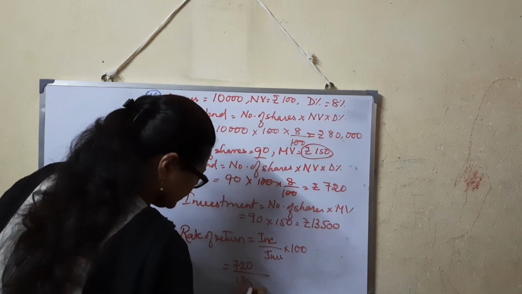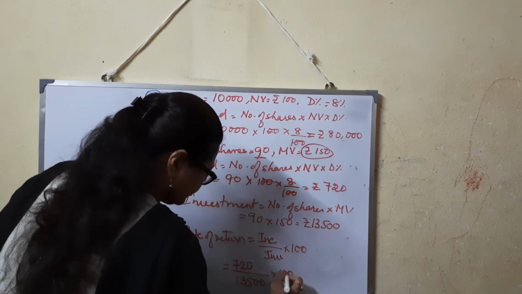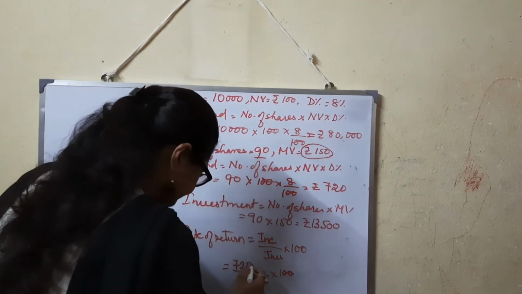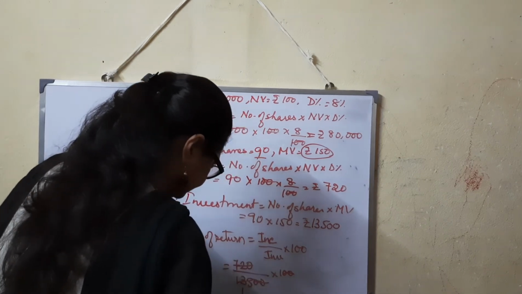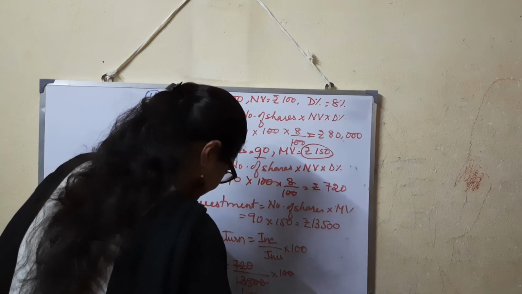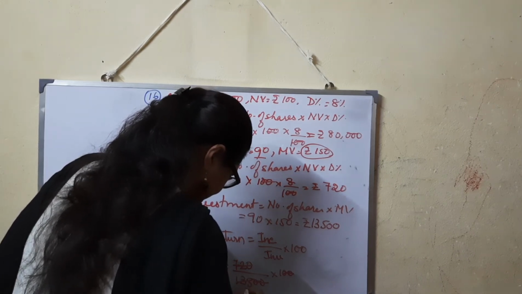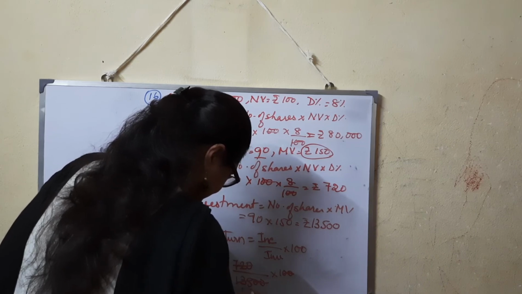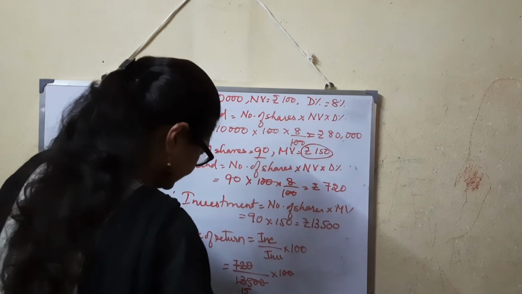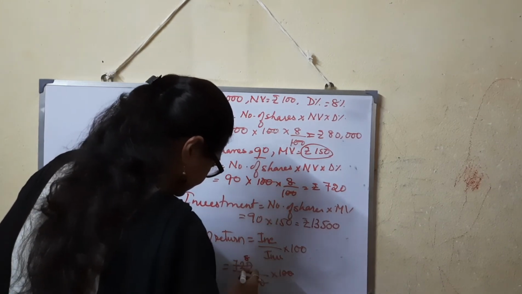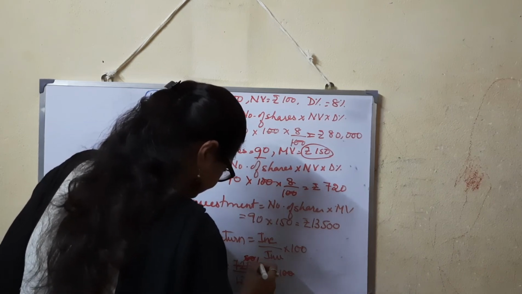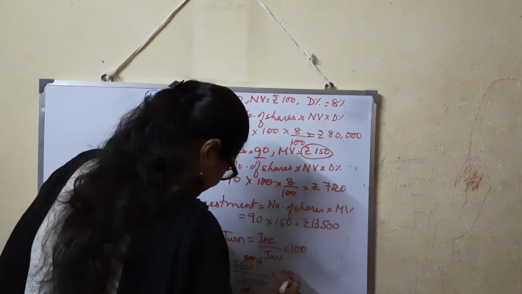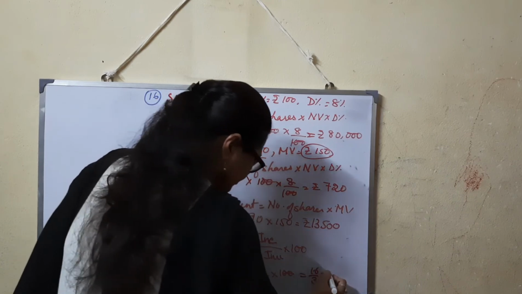So income is 720, investment is 13,500 into 100. Make it 16 by 3 is 5 1 by 3%.